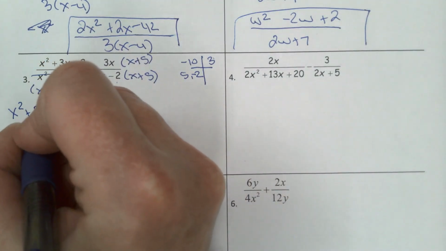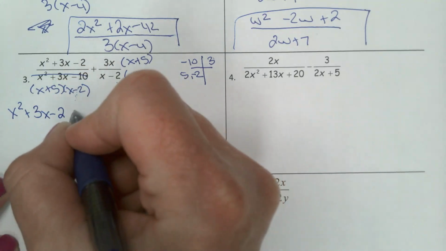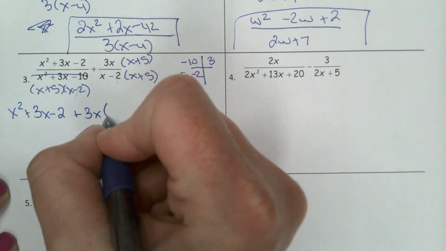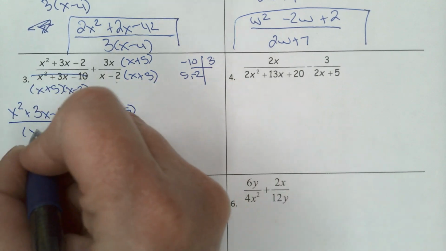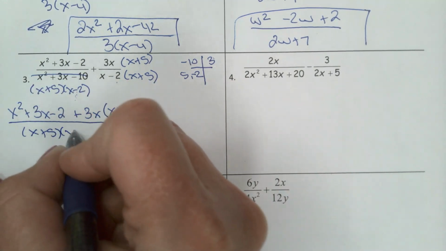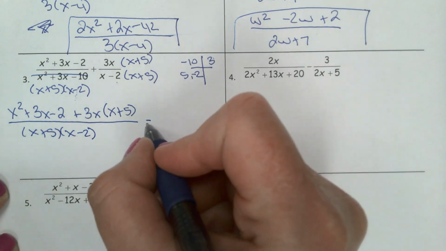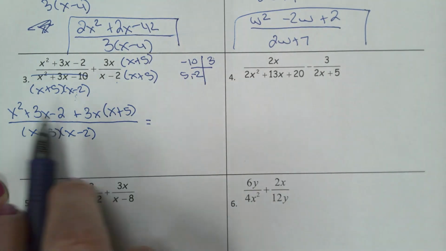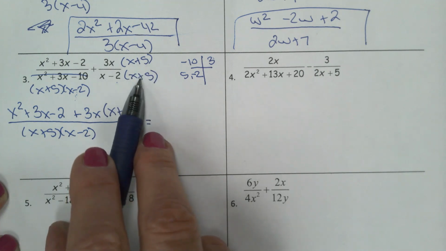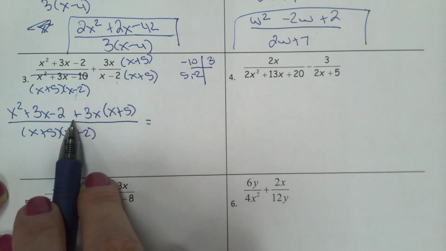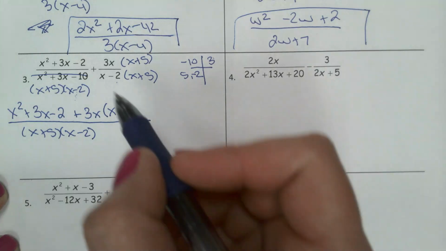So I have x squared plus 3x minus 2 plus 3x times x plus 5 over x plus 5, x minus 2. So since I got a common denominator over here, that's why I just put it all over 1.